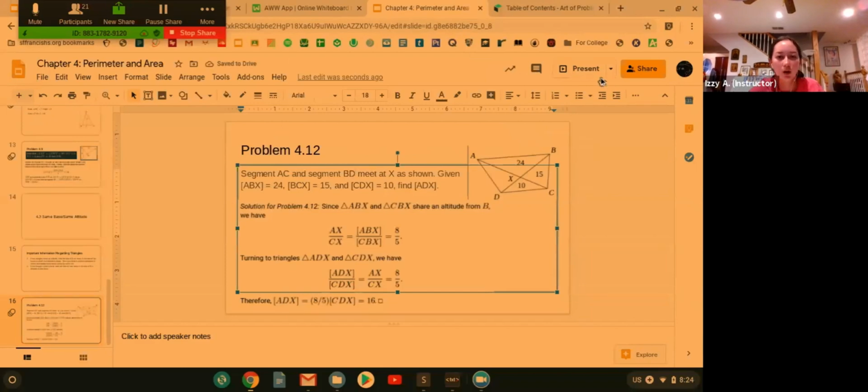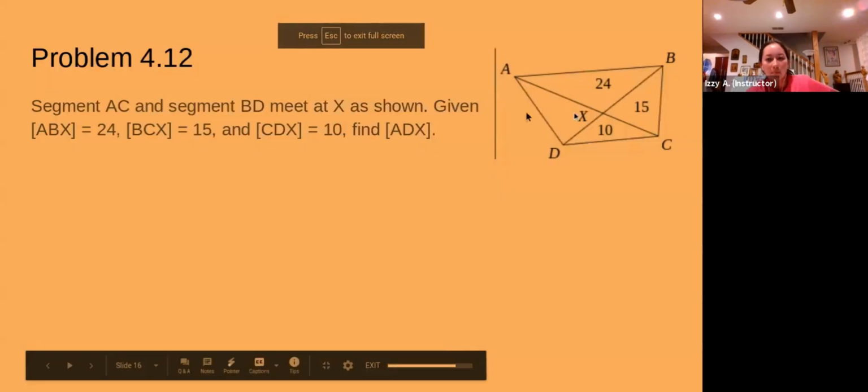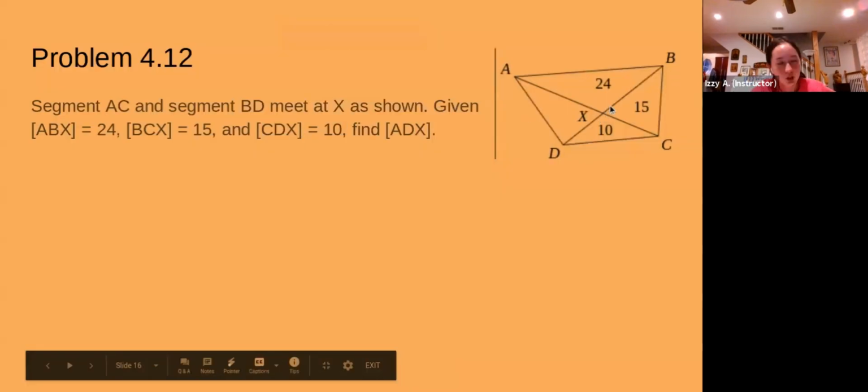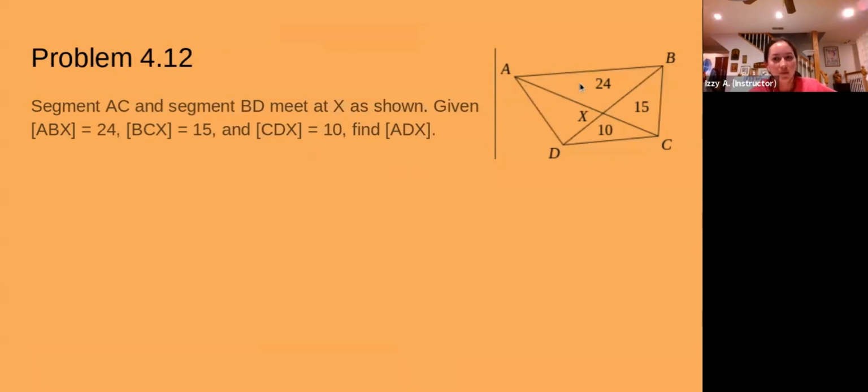Okay, BD meet at X as shown, and given that ABX is 15, BCX is 15, and CDX is 10, let us find the area of ADX.